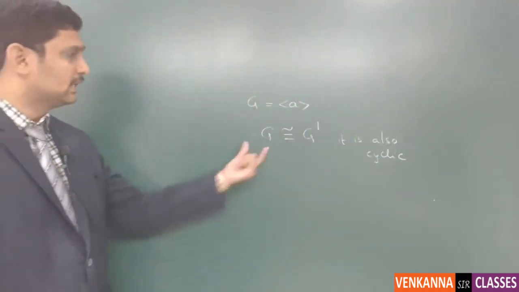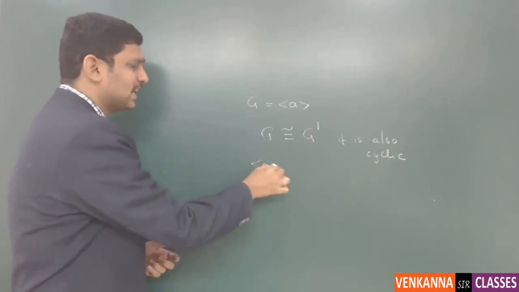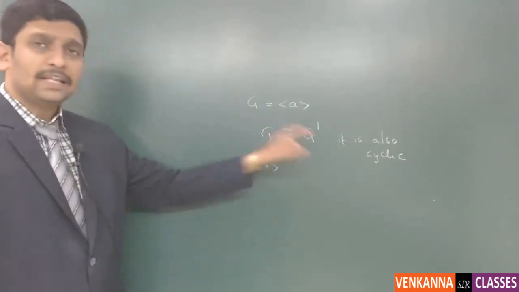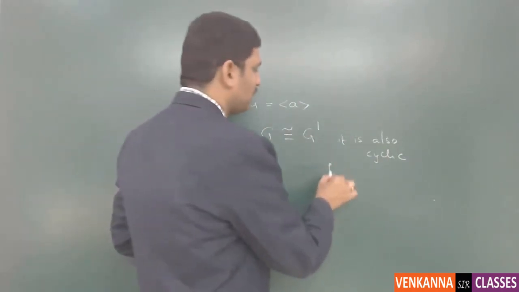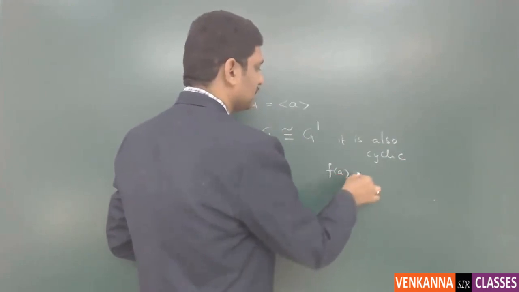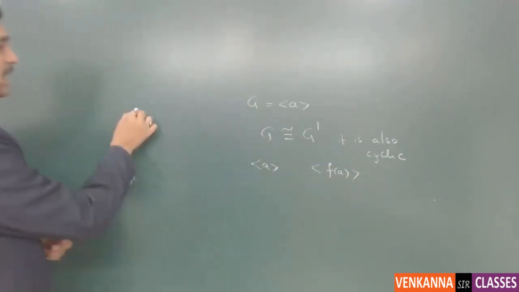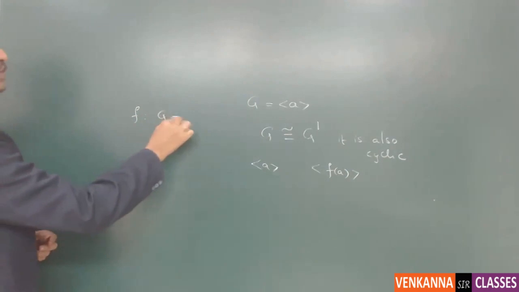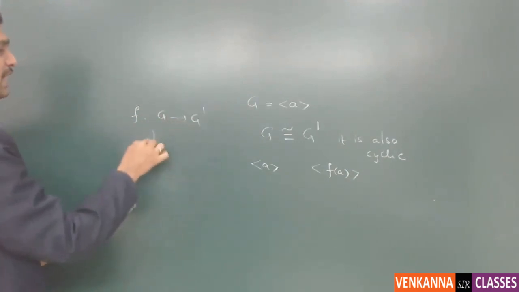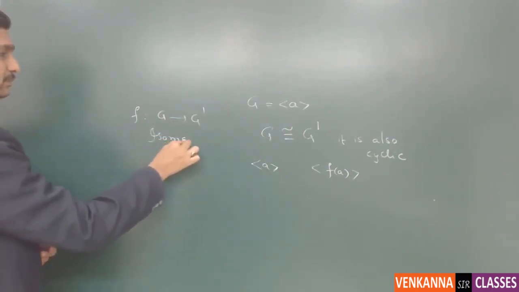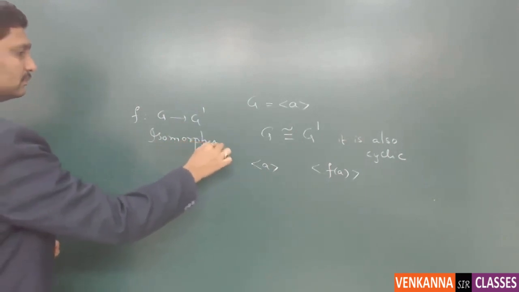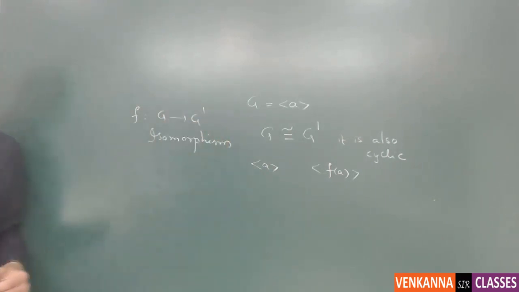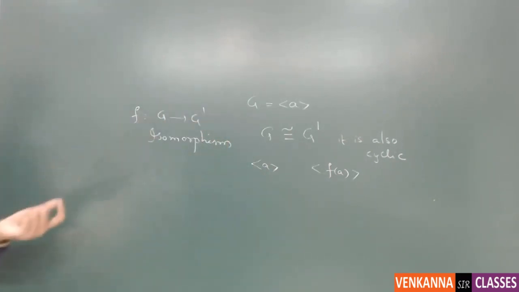And here, if A is the generator, the generator is nothing but f of A, where f is an isomorphism from G to G dash. This is one interesting thing that we can observe.